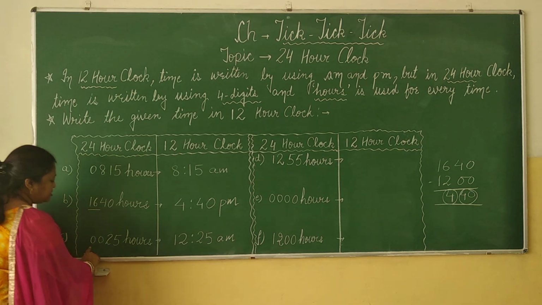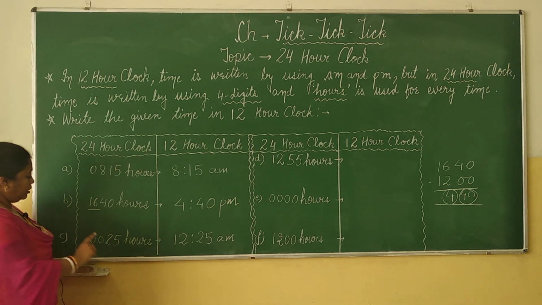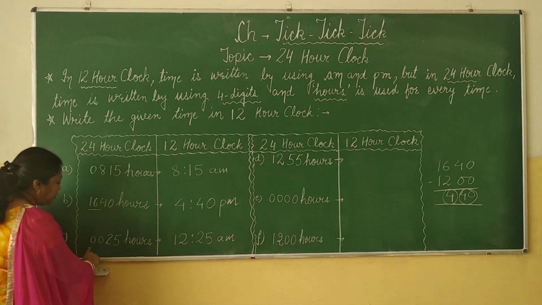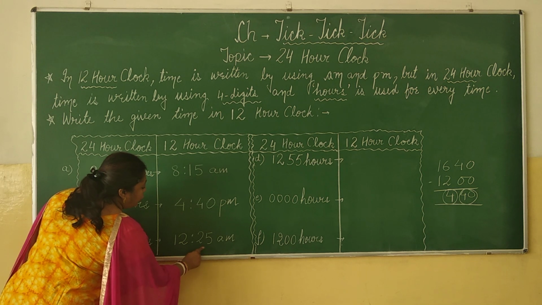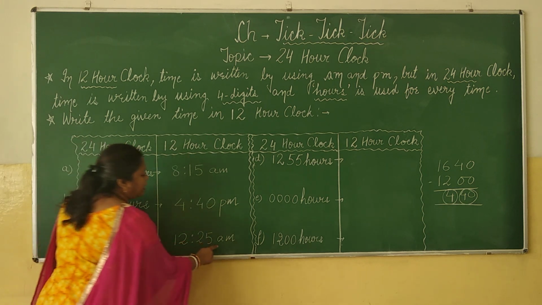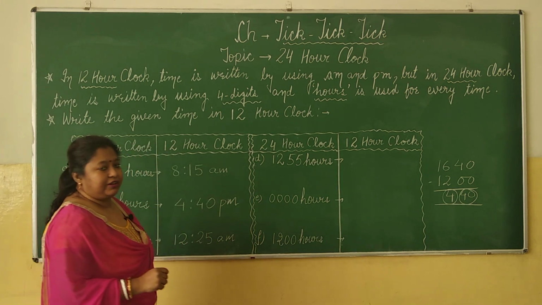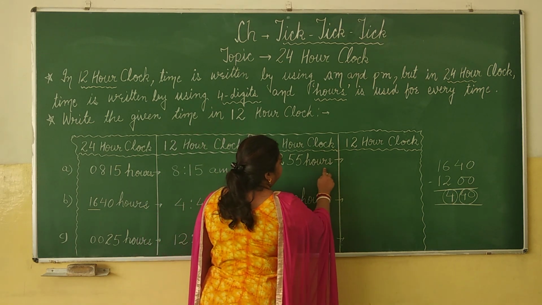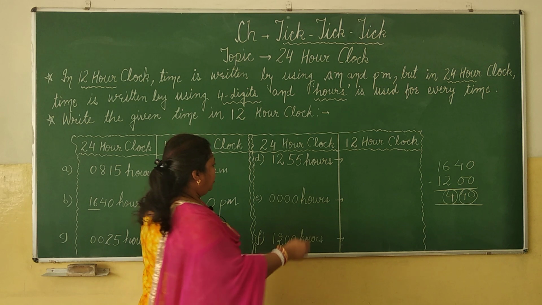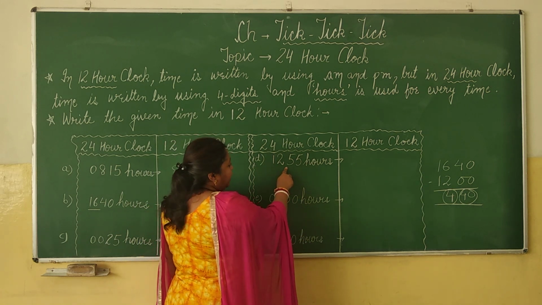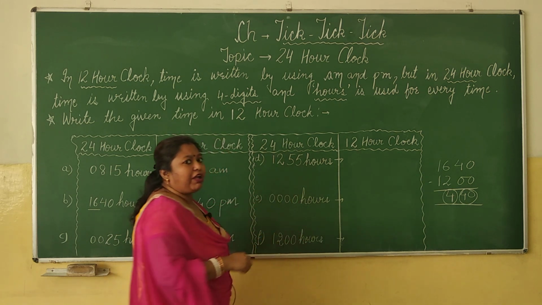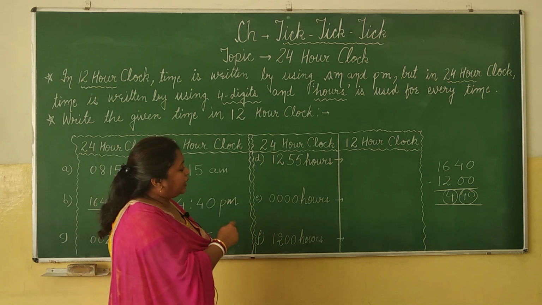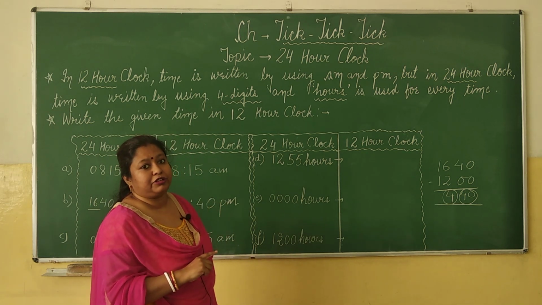So whenever there is 00 followed by any minutes, remember to write 12 followed by the same minutes and followed by AM, children. I think you understood that. Now we have 1255 hours. Although it is not more than 12 in the hour part, if we take 55 along with 12, it is more than 12. But again here is an exception.